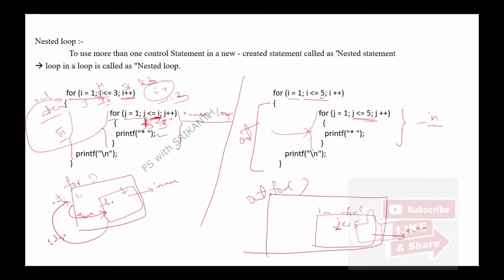Every time, j iterates 5 times, but the outer for loop does one time, and the trigger is forwarded to the inner loop, which is evaluated 5 times. When the j value is 6, the condition is false, and the trigger goes back to the outer loop, i is updated to 2, and again j is executed 5 times.